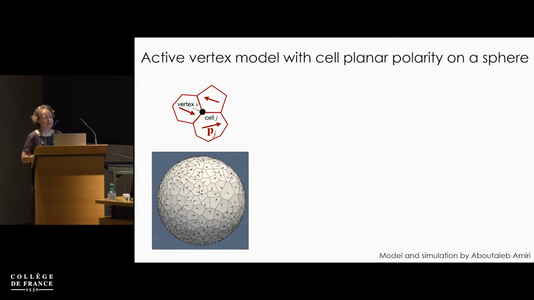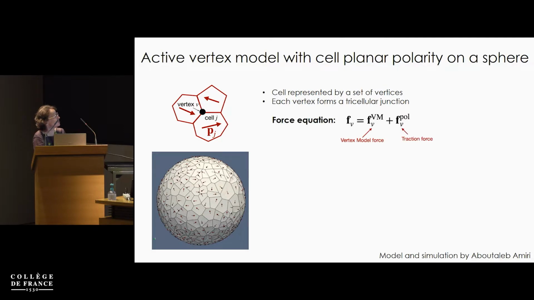Based on this data, we collaborated with physicists at the Institute for the Physics of Complex Systems, notably the lab of Frank Jülicher. And Frank designed a very simple model, which is a vertex model, where each cell is represented by a set of vertices, and each vertex forms a tricellular junction.